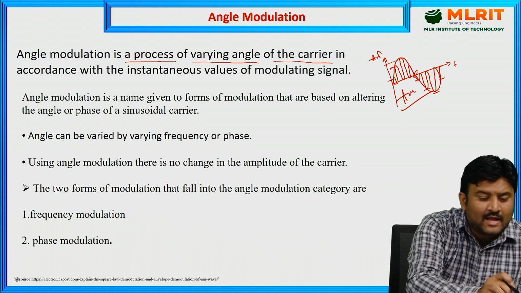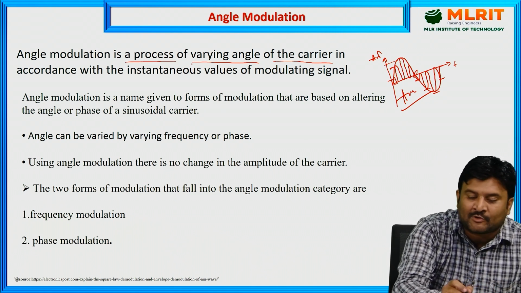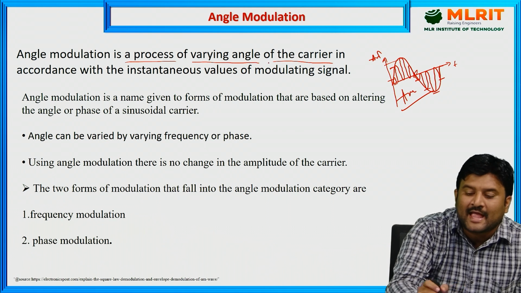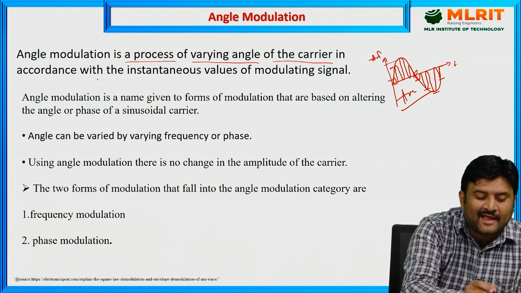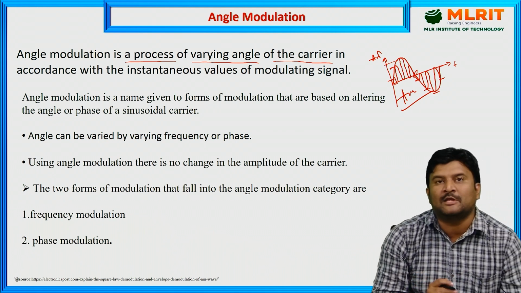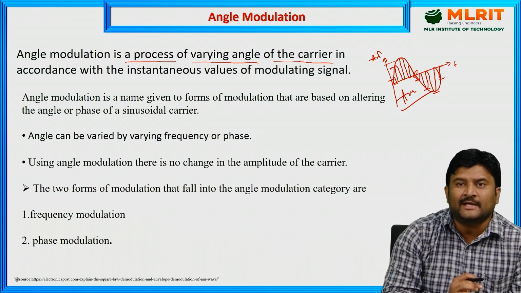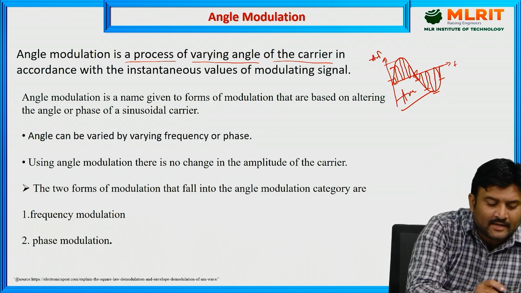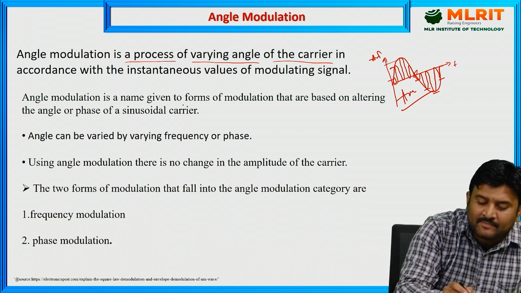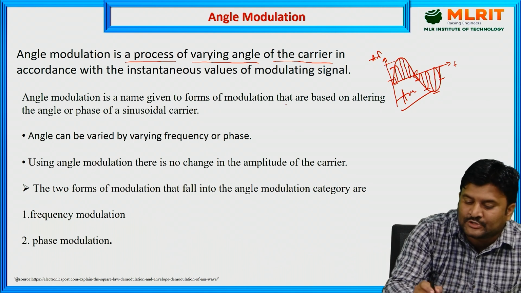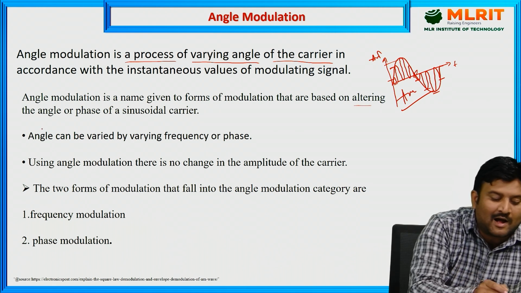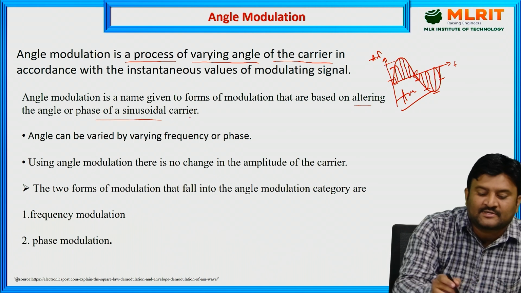Angle modulation is a process of varying the angle of the carrier in accordance with the instantaneous values of the modulating signal. Observe here, angle modulation is a name given to forms of modulation that are based on altering the angle or phase of the sinusoidal carrier.